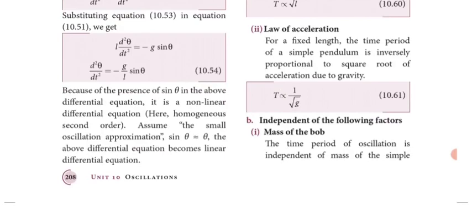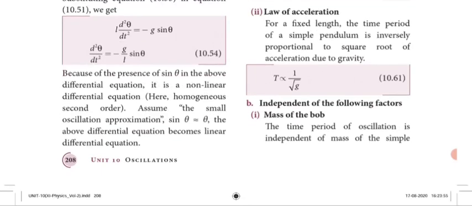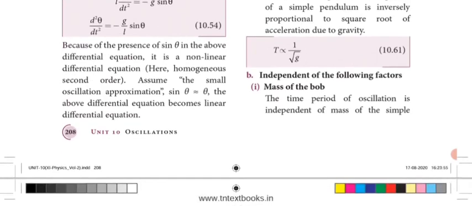So d square theta by dt square is equal to minus g by L sin theta. Because of the presence of sin theta, it is a non-linear, homogeneous second order differential equation.